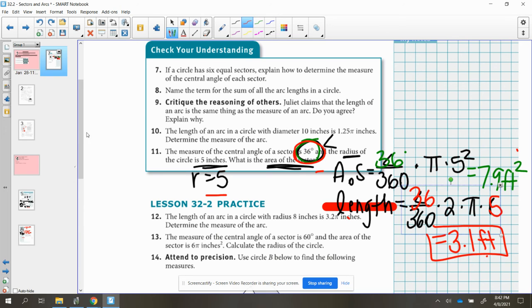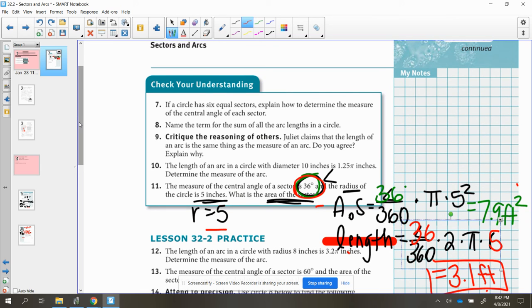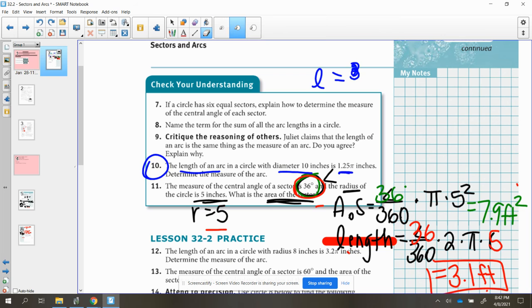One final type of question you might see, and we're going to work a little bit backwards here, is one like number 10. This time, this is kind of a challenge question for the end, is we have the length of an arc, and they're giving us the diameter, and they actually gave us the length of the arc this time. So we said from before that the length of our arc is going to be the angle measure divided by 360 times 2 times pi times the radius.